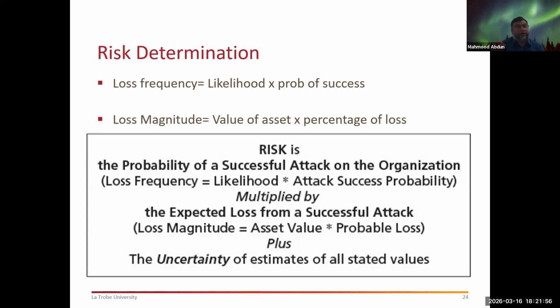And then if there is an event that affects that asset, what is the percentage of the value of the asset that will be diminished from this threat? So that's your percentage of loss, also known as exposure factor. And that will give you a single loss magnitude, right? Magnitude of a single loss, right? And then you multiply it with loss frequency to get an annual loss. And we'll look at this once.